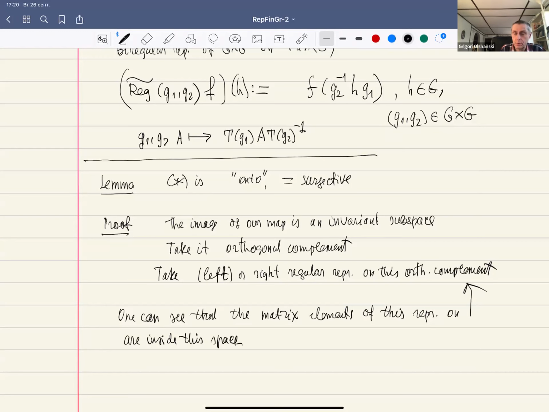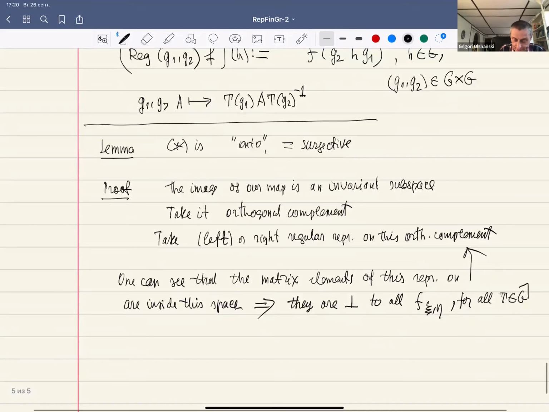This is a fine point. It can be verified. And it follows they are orthogonal to all matrix elements, for all T. But this is absurd. So the conclusion is that actually it's impossible.